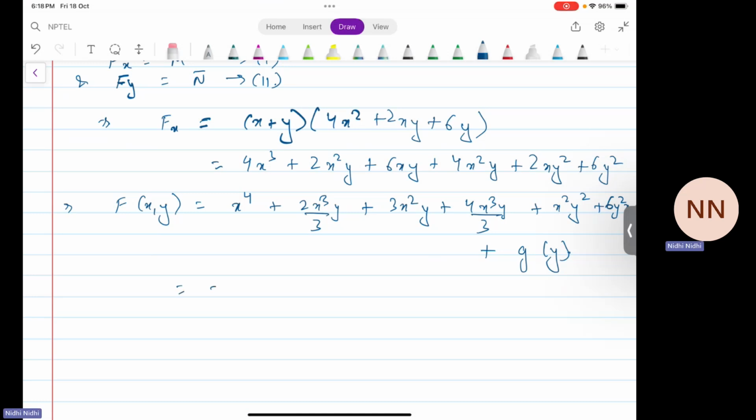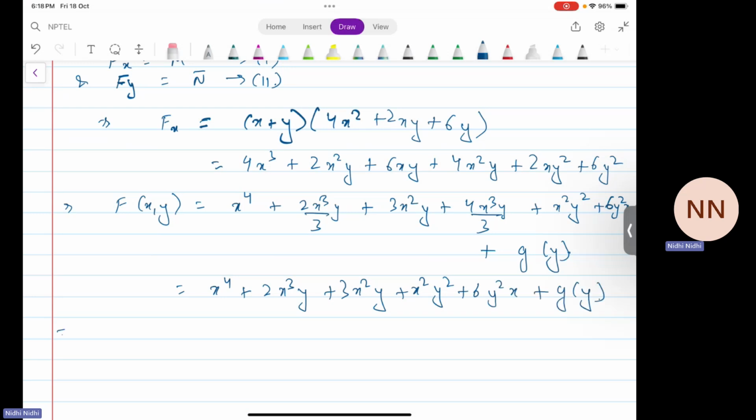This is basically x to the power 4 plus 2x cubed y plus 3x square y plus x square y square plus 6y square x plus g of y.